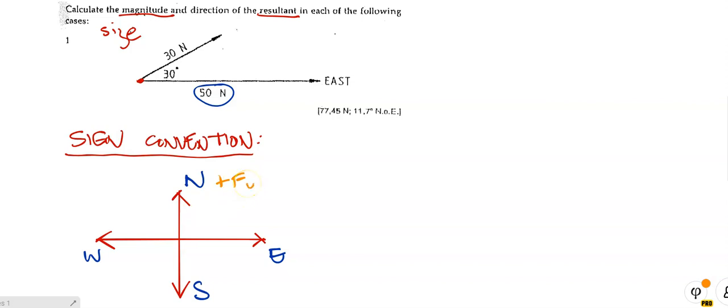I'm going to write it like so: capital F subscript Y. All forces acting vertically downward are considered negative, minus Fy. So it's capital F subscript Y.